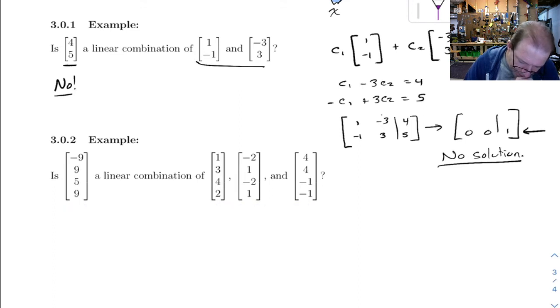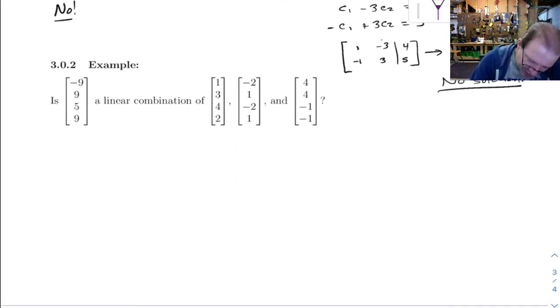And that's not one. I mean, this is in 4-dimensional space, and that's not something you can just look at and tell the answer to. So we do the same thing here. We'd set up, I'm going to write it out.